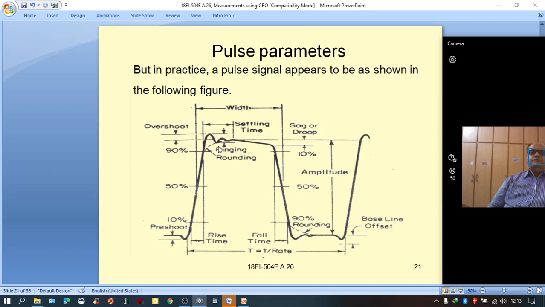If you want to assume a pulse, this portion should not be considered. So rise time is very important. When you are using a pulse, we have to check the rise time of the pulse: how fast, in how little time it reaches 90% of its value. That is important.